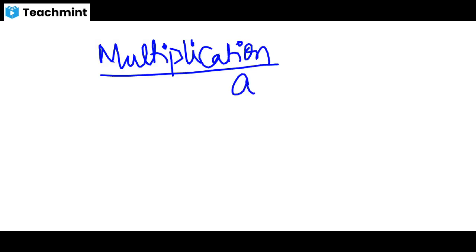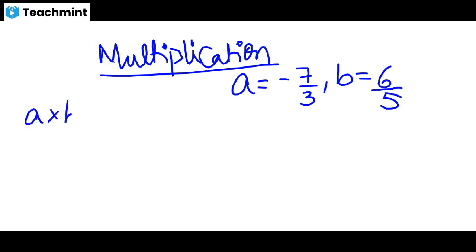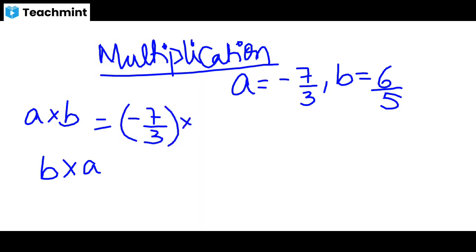We'll see, a is equal to minus 7 by 3 and b is equal to 6 by 5. Now find out what you get, a into b and b into a. Minus 7 by 3 into 6 by 5.